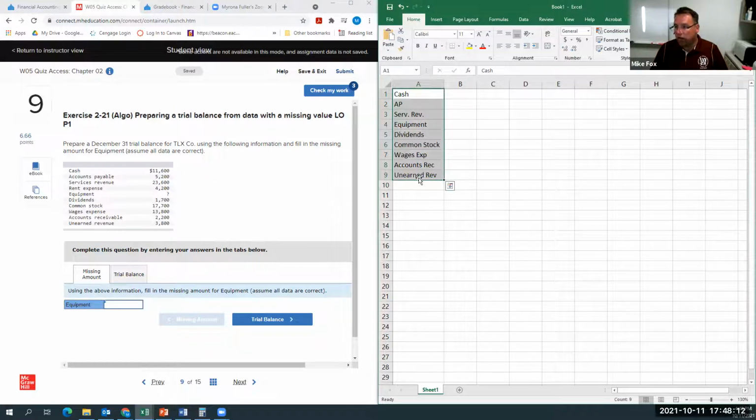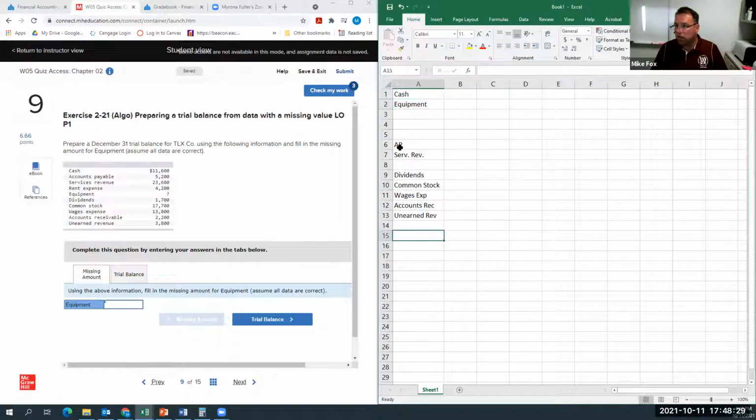I'm going to do my asset accounts first because asset accounts always come first on a trial balance. So that includes cash, equipment, and that's it. Okay, so that's my assets. Then my liabilities, accounts payable and unearned revenue.